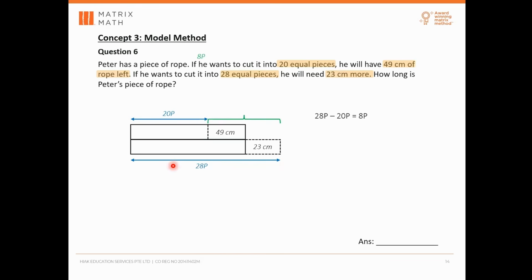So we have 8 pieces here. Okay, 8 pieces, how many cm is that? So it's 49 plus 23, which is 72.